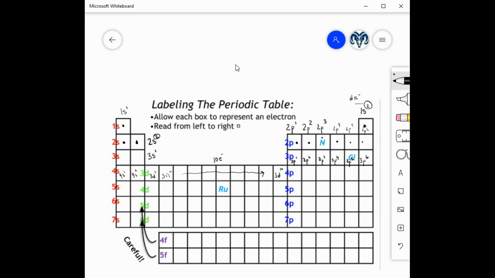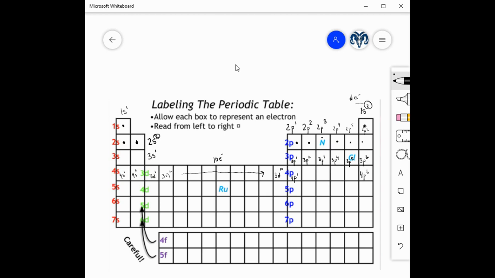But we're not done. We've got to keep going. So after our 3d, we run back into a 4p. So this is going to be 4p1 all the way to 4p6. I'm just reading from left to right.